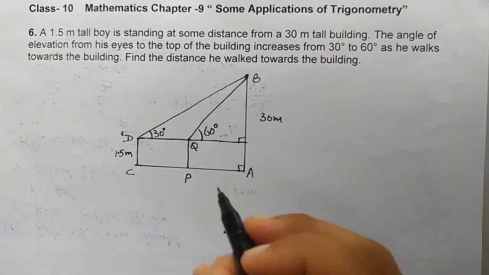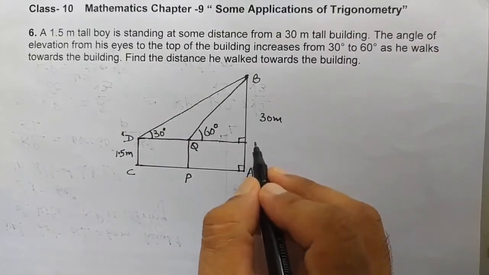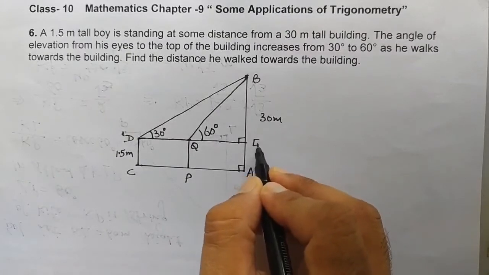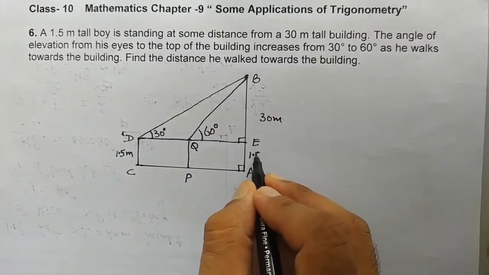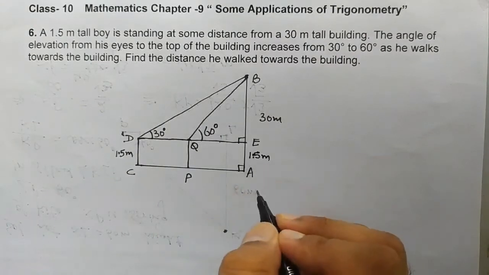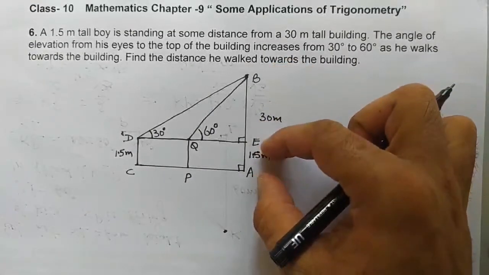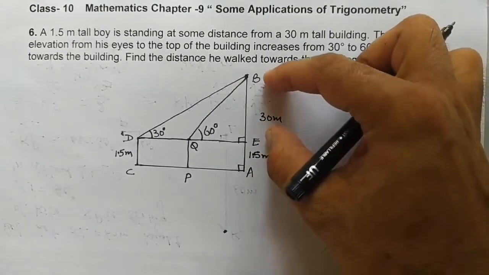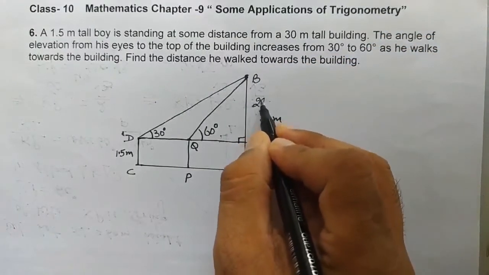See here, this is 1.5, CD. Suppose this point is E, so A, B, C, D, E are the points. Okay, so CD is 1.5, then AE is also 1.5. This is right. Now the total is 30 meter. So EA is 1.5, so BE is left, 30 minus 1.5, that is 28.5.